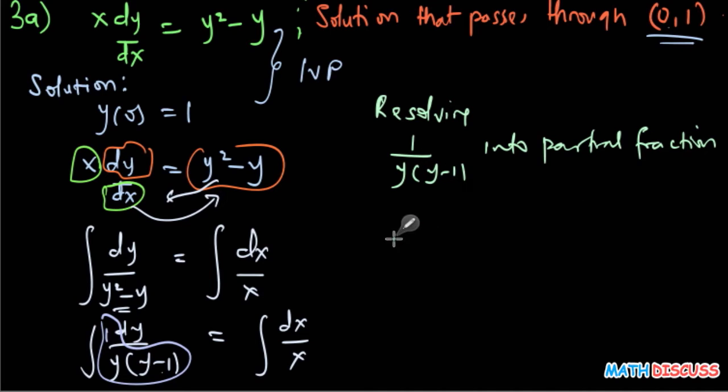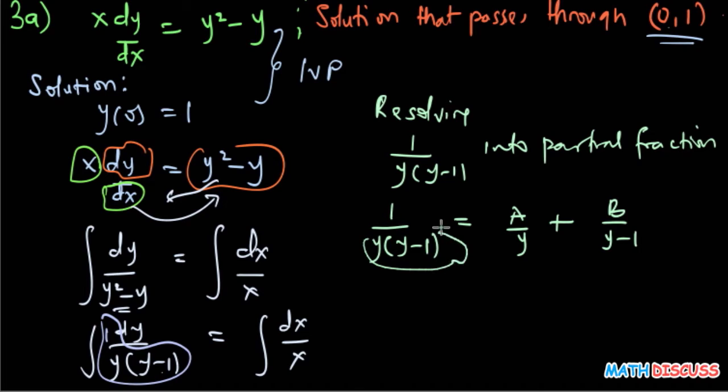To resolve this into partial fractions simply means you want to write them as separate fractions, like splitting them. So you have A all over y plus B all over y minus 1. When you multiply both sides by this denominator, you have 1 equivalent to A into y minus 1 plus B into y. Now our aim is to find A and find B.